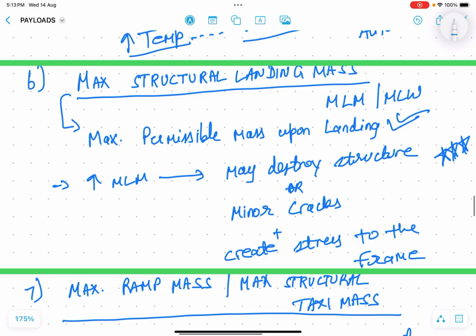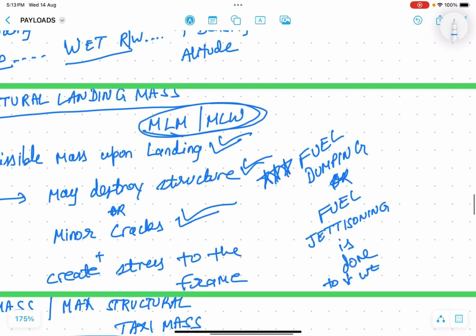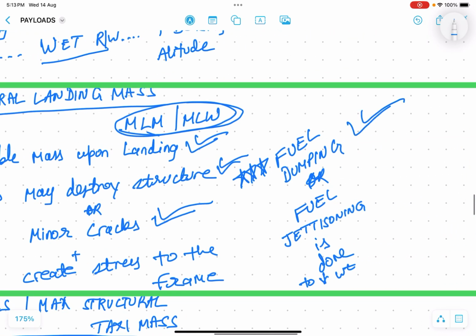It means if we increase the landing mass beyond maximum landing weight, the structure of the aircraft may get damaged. It will create minor cracks or create stress to the frame. So it is not suggested to land an aircraft with any weight above maximum landing weight, and this is the reason fuel dumping and fuel jettisoning is done in some cases.